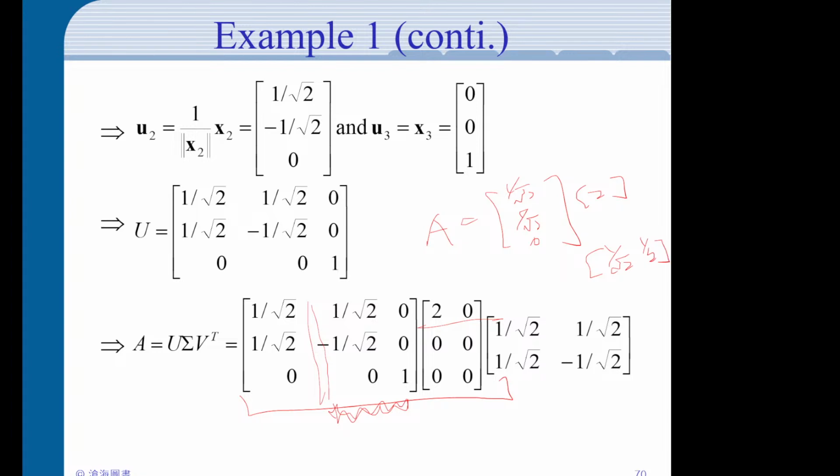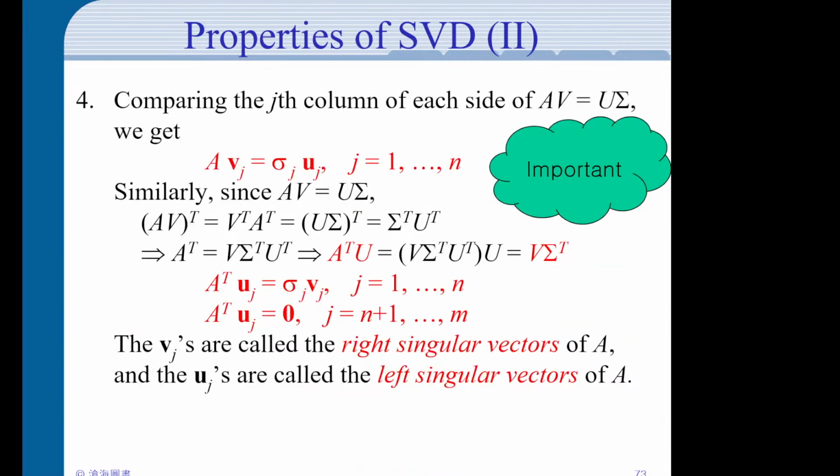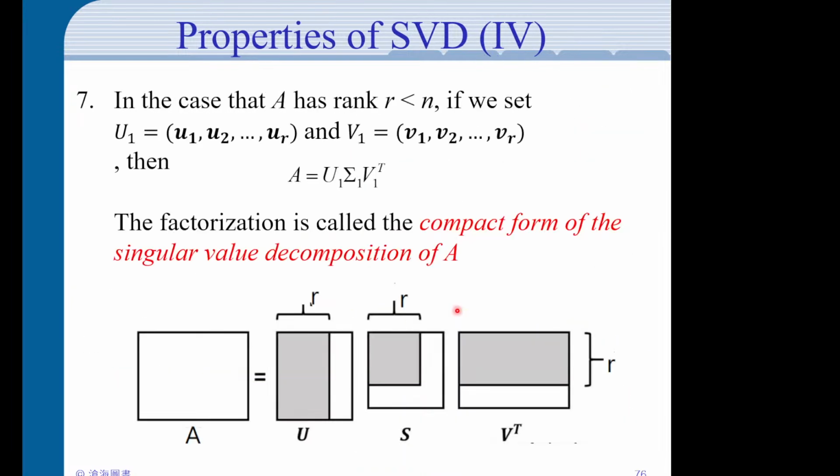Hopefully this is correct. So if we cut out all the zero part, then we have a more compact form. We only take the non-zero part, and this is a compact form of the singular value decomposition.